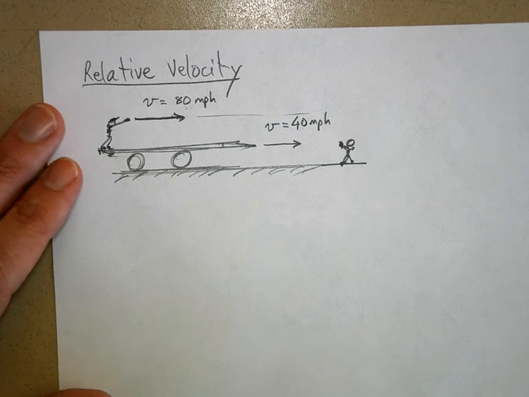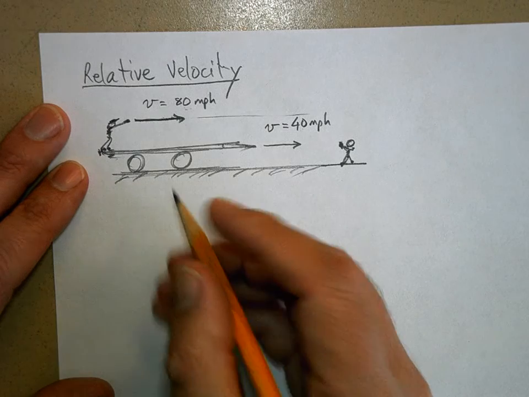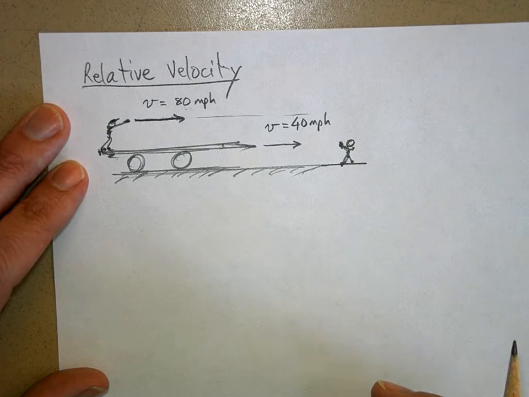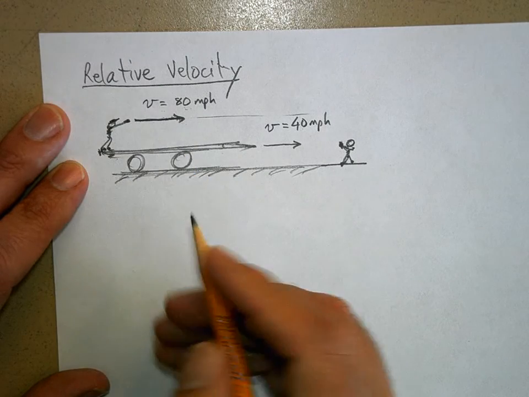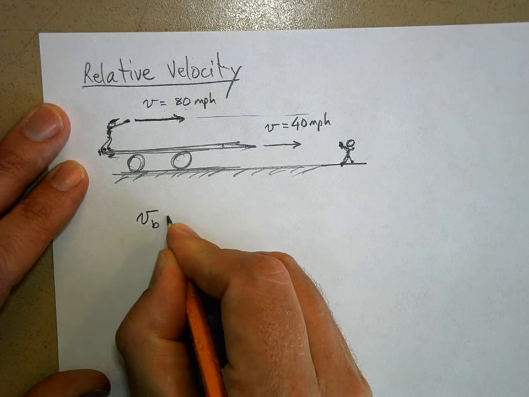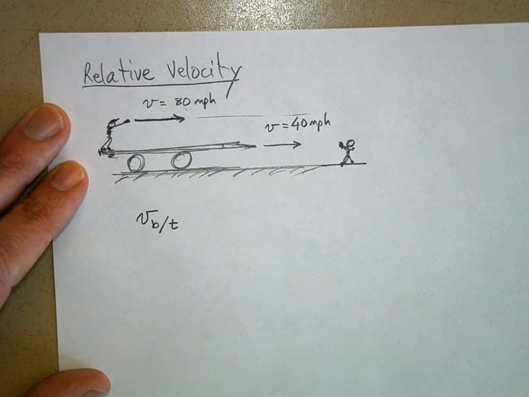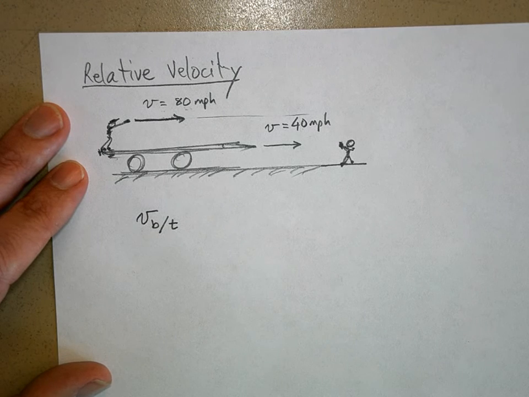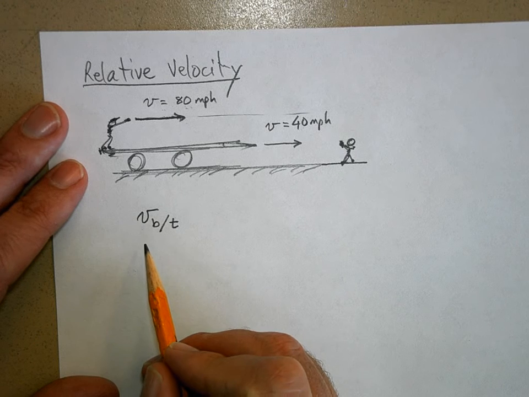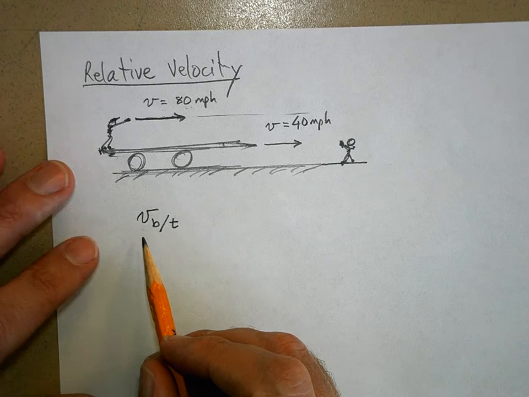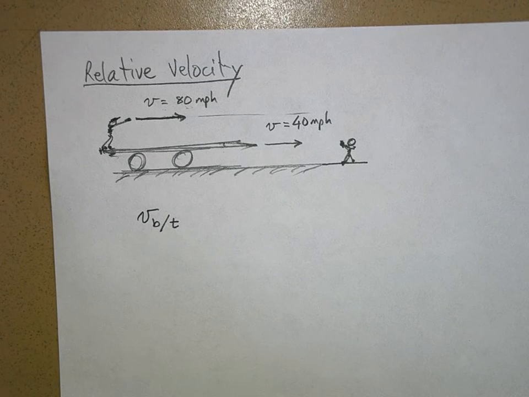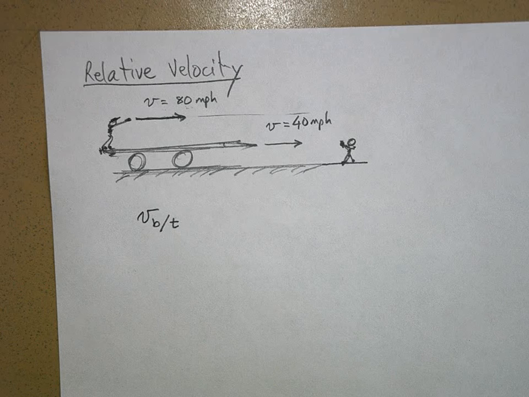So what I'm going to do is come up with a notation here. I'm going to say that this 80 miles per hour is the velocity of the ball with respect to the train. This is a little different than the book. I say what the velocity is measured with respect to.